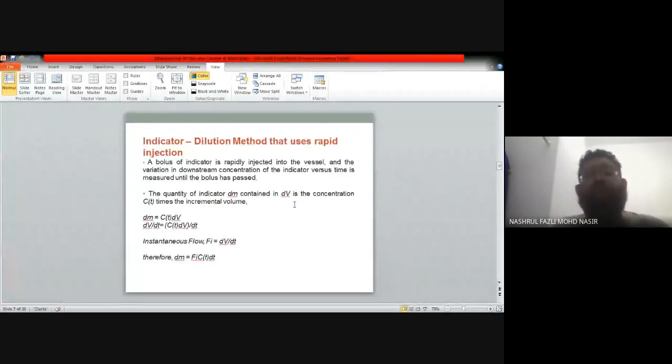It is the concentration C. Be careful about this C, because C can be the speed of light, C can be Coulomb. So please understand, here C is a concentration. So dM equals this concentration times dV.